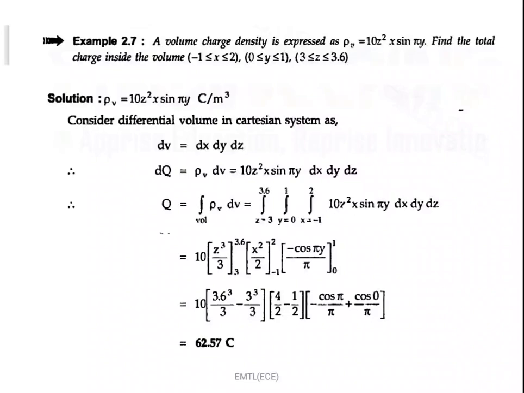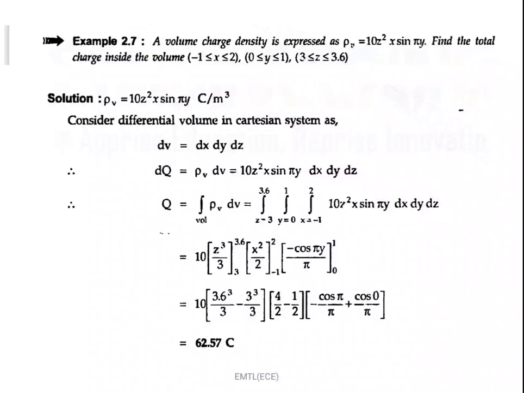Why? Because the formula, the expression for volume charge, line charge and surface charge is the same for all coordinate systems. But whenever you substitute the values in the formula, we first have to select whether the given problem is in a Cartesian, spherical or cylindrical coordinate system.